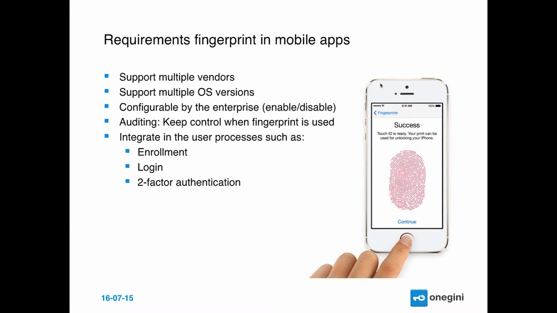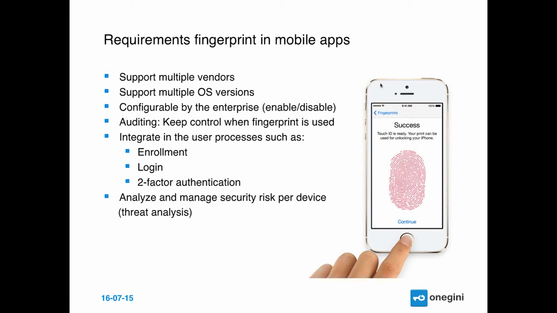Another requirement is that the fingerprint should be integrated in different processes on the device. For example, when somebody enrolls, how is it integrated? Are you going to allow the fingerprint to be used when people log in, or is it just used for two-factor authentication? All these items should be implemented.